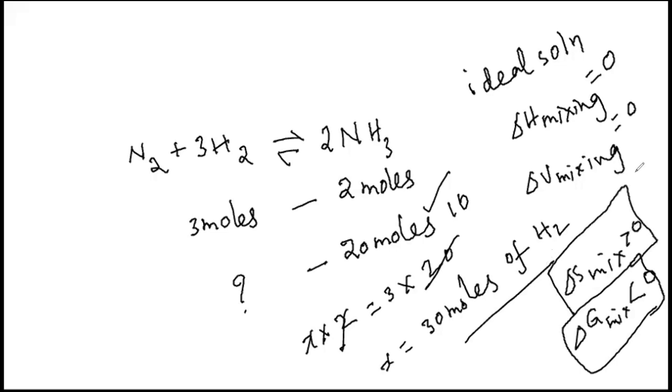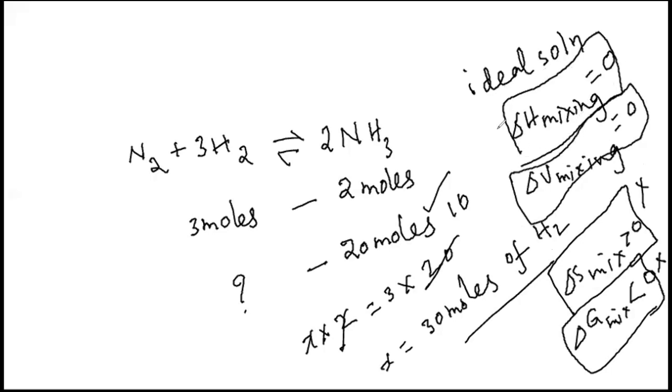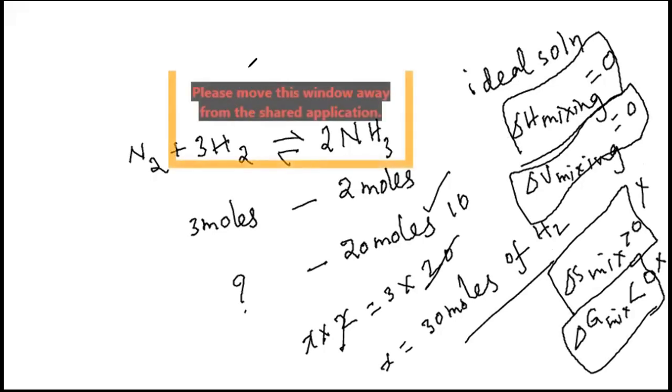See, these two terms we are not aware, but generally we knew that delta H mixing is equal to 0 for ideal solutions. Delta V mixing also is equal to 0 for ideal solutions. But here delta S mixing greater than 0 means its value may be a positive entropy we can get.